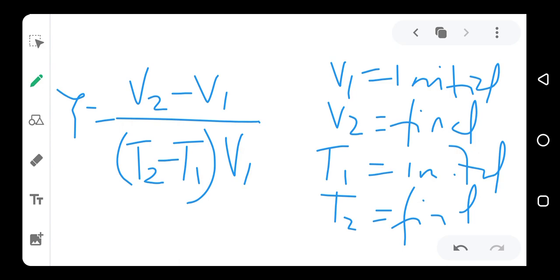And again, the unit of gamma or cubic expansivity is per Kelvin.